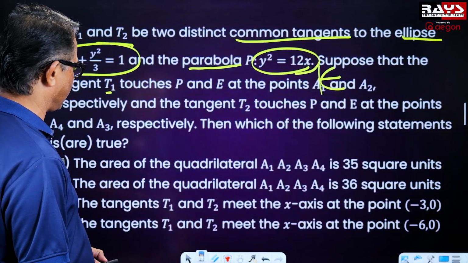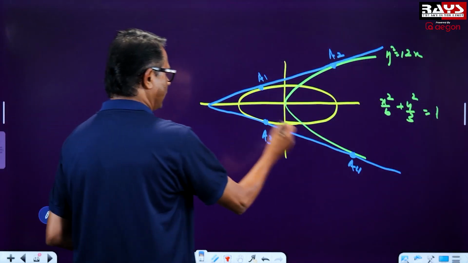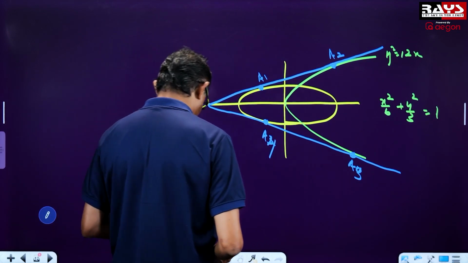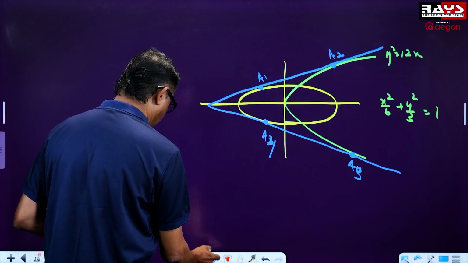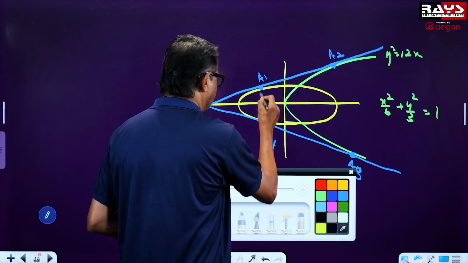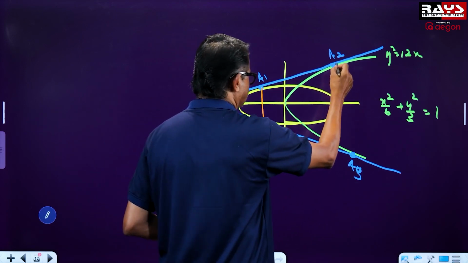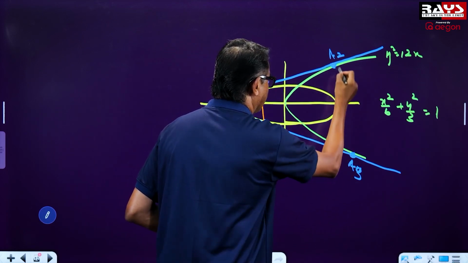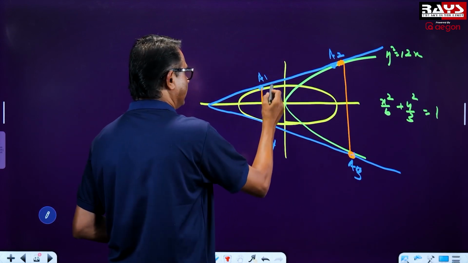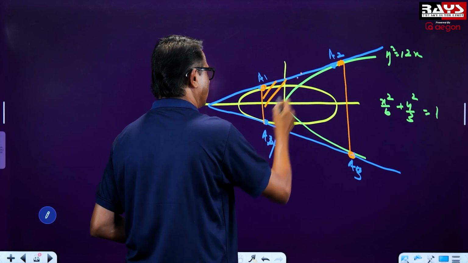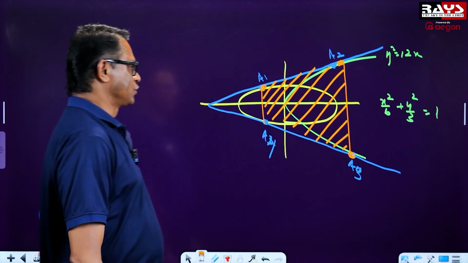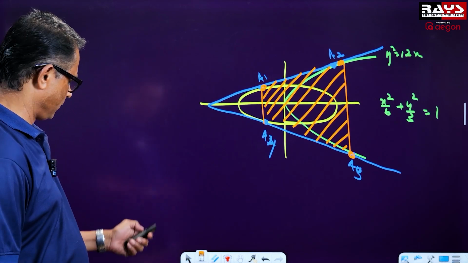We have to find the area of the figure A1, A2, A3, A4. So we have to find out the area of this quadrilateral. Got it? So this is the question.